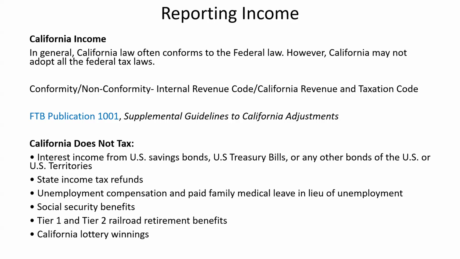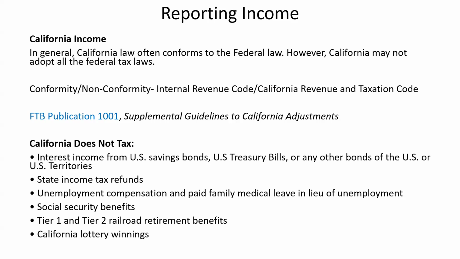And then some of the times you have to actually make a manual adjustment in the California return. Other times it's done automatically. So, for example, when you're talking about unemployment compensation, you will enter the data on your federal return, and the software will take care of your California return, meaning unemployment compensation is not going to be taxed on the California Form 540.